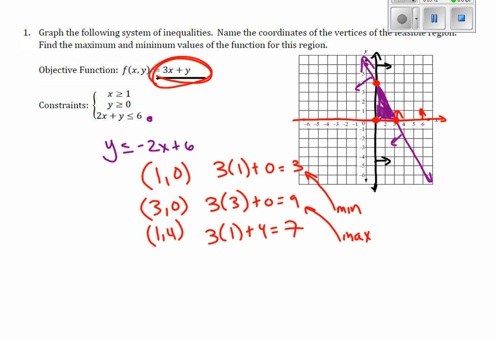Now you will only look for one. You won't look for a minimum and a maximum. Most of the time you're looking for a minimum or a maximum, just one. A lot of times, if you're trying to minimize costs, you will look at some restraints and you'll look for a minimum. If you're trying to maximize profit or maximize efficiency, you're going to be looking for a maximum. So that's what we're talking about here.